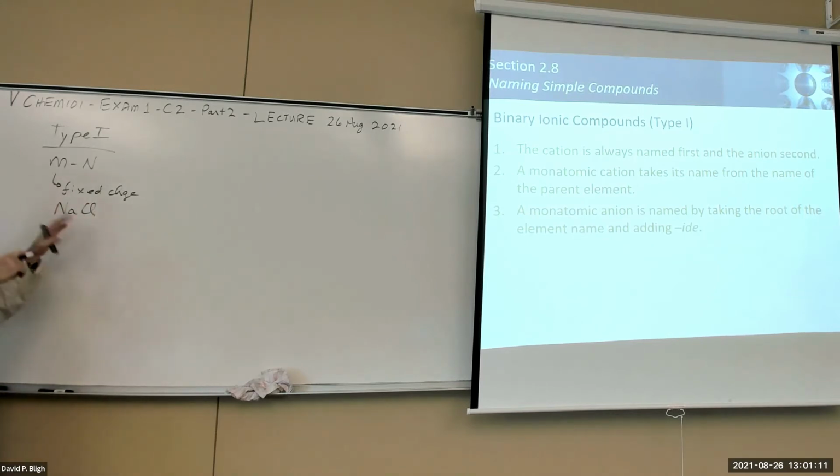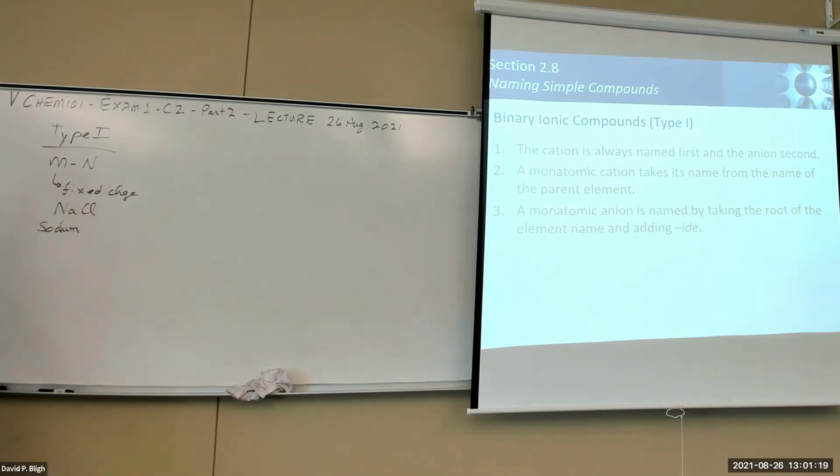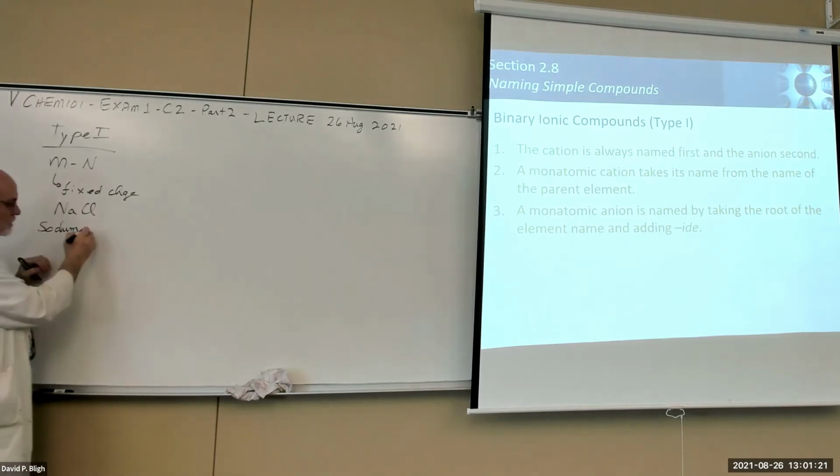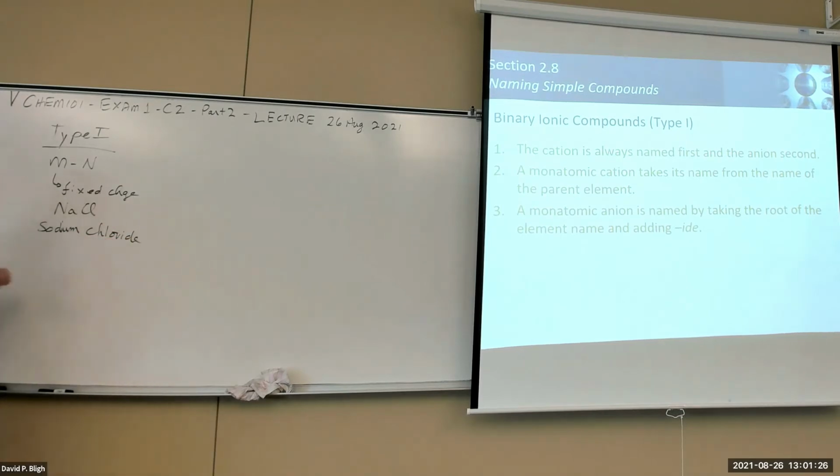I named that first. Sodium is the metal. Sodium. And then chlorine, you change the ending to IDE. Okay. Metal, nonmetal, cation followed by the anion.